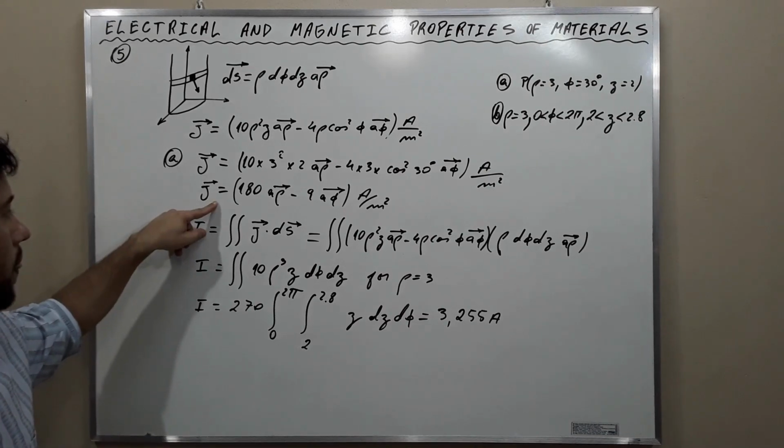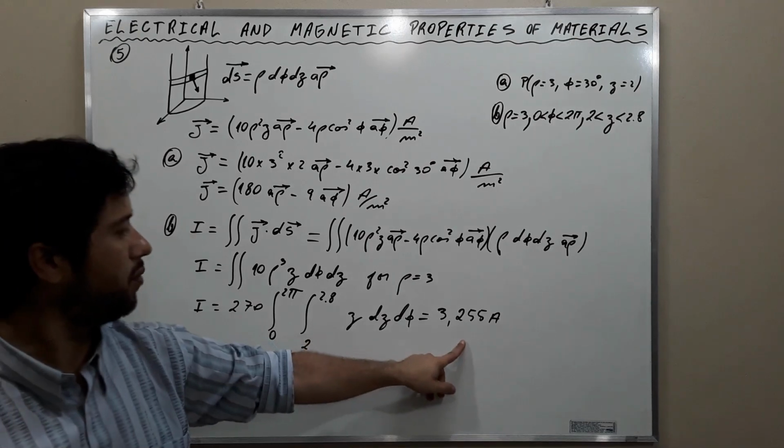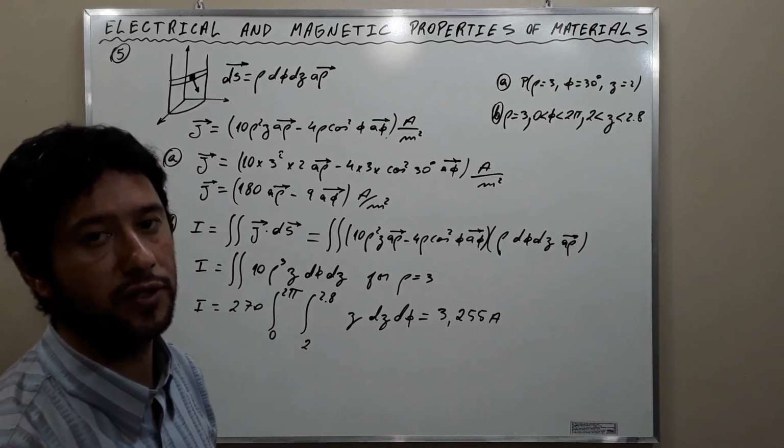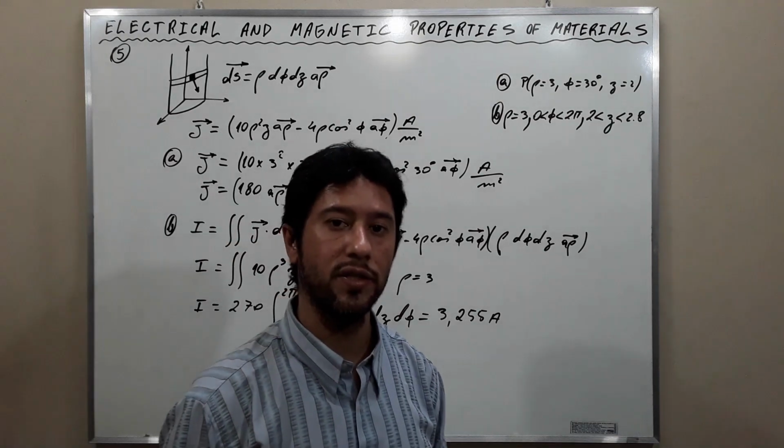Letter A is this, letter B is this. Okay, my friends, this is all for exercise 6. Let's go to exercise 7.